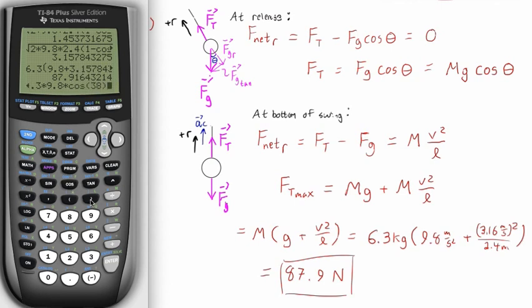And so we can see that at the moment of release, the tension was only 48.7. Okay, so let's add that here. So 48.7 newtons. Right, so the tension didn't quite double, but it significantly increased. All right, and that is our maximum tension. All right, well, thank you very much.